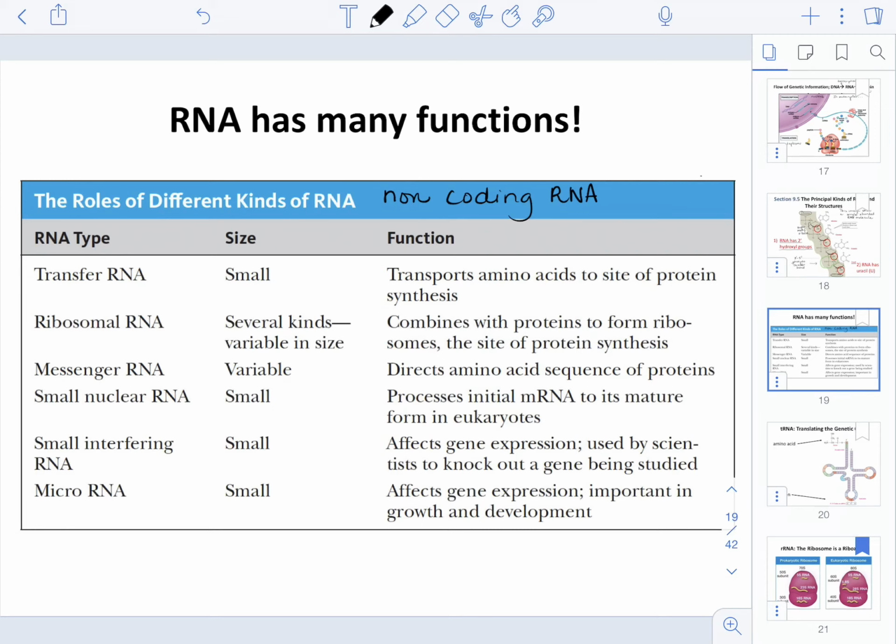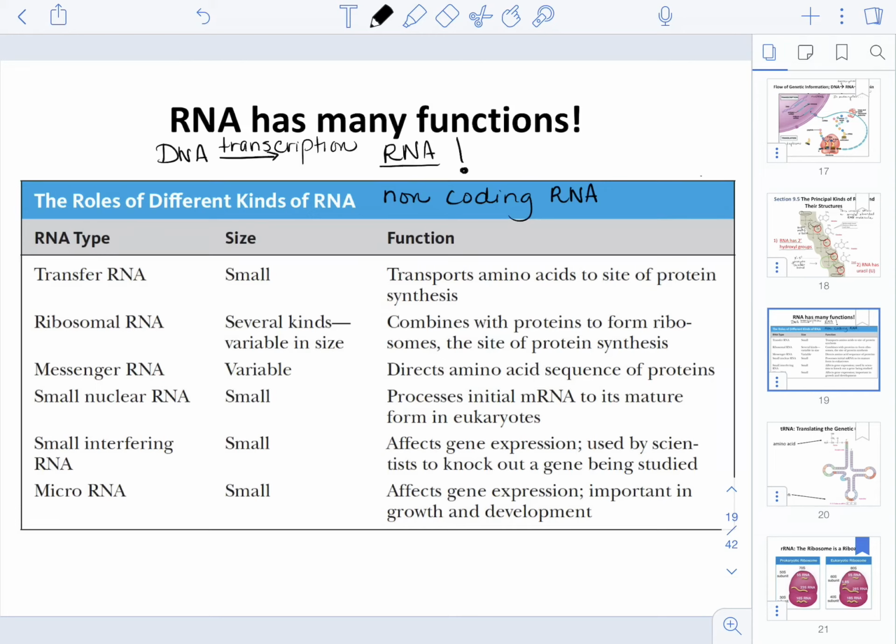They stay in RNA form, which means that they were made from DNA through the process of transcription. The reason why they're called non-coding is because they are not translated to make a protein. Now, they are involved in processes that have to do with protein synthesis.